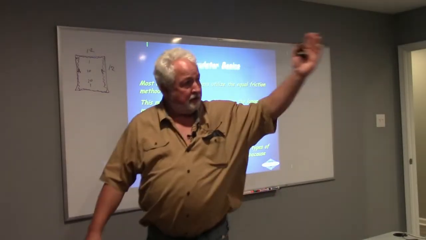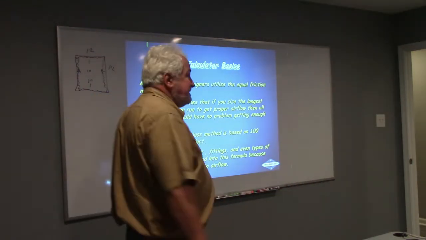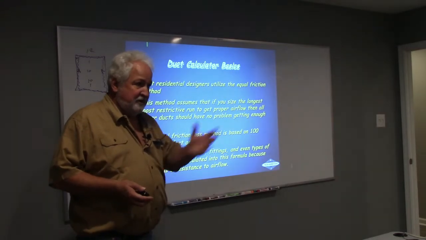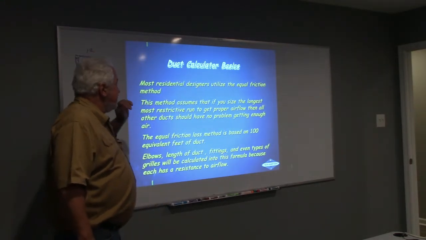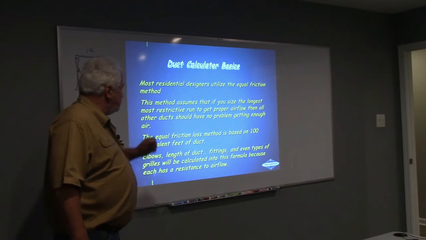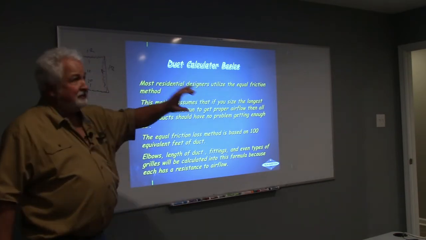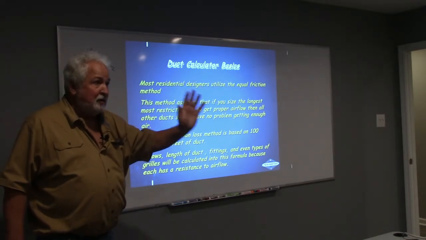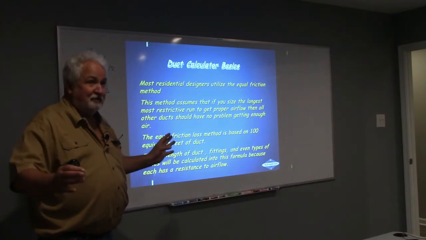All right, so to Brady's point, he was asking what is the static pressure that you would be building to? What is the friction rate that you would be sizing your ductwork to? Most residential design uses the equal friction method, which assumes that if you size the longest, ugliest duct in the house to a friction rate that you can get air through, every other duct I should be able to get air through.